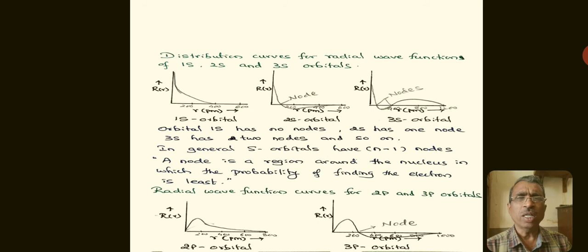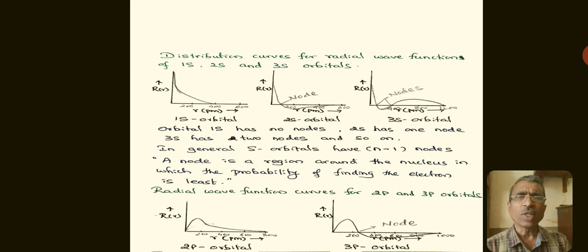Initially, at 0 distance we have the maximum radial function and it goes on decreasing. For 1s orbital, it will not cross the x-axis, therefore 1s orbital has no nodes.